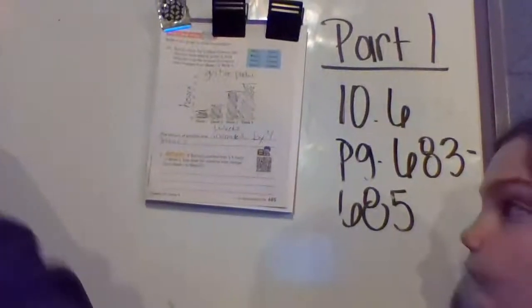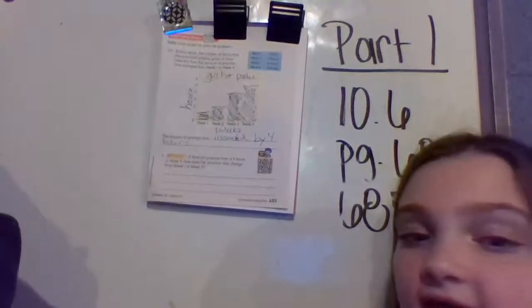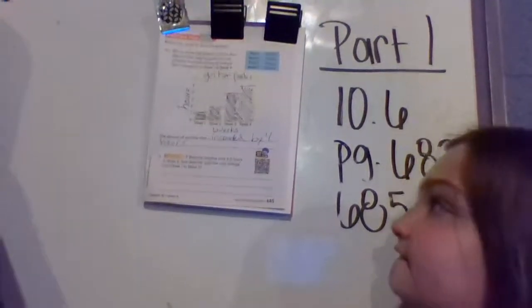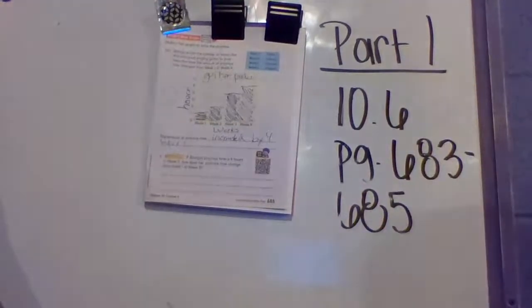So first of all, Riley, do you think it's going to increase or do you think it's going to decrease? I think it's going to decrease. You think so? Why do you think it's going to decrease? Because I know the 4th week is 5 hours, and if she practiced the 5th week 4 hours, 5 is greater than 4.